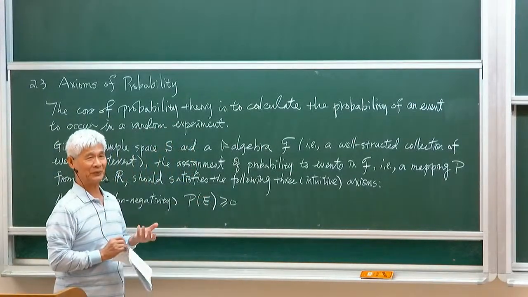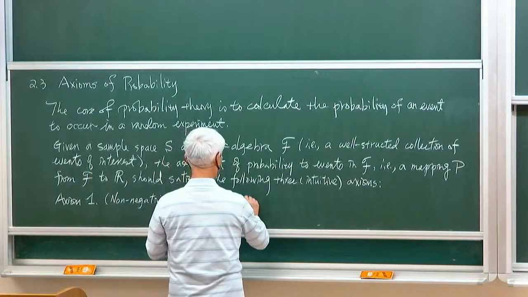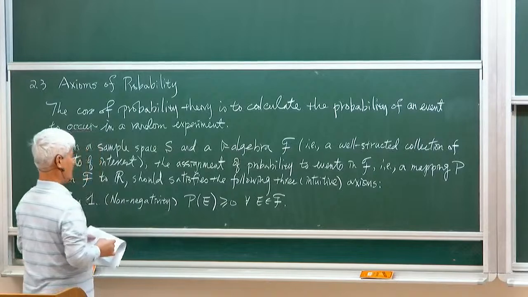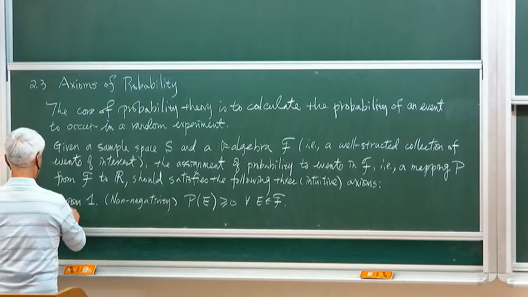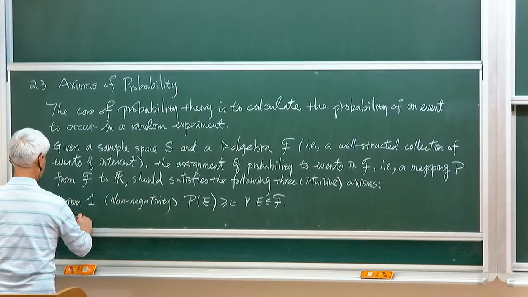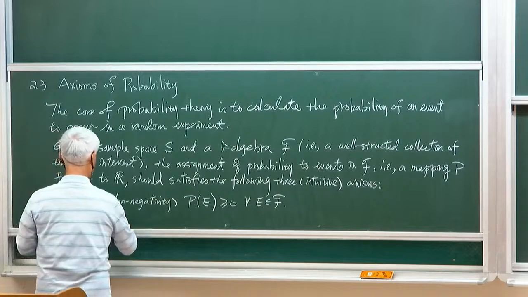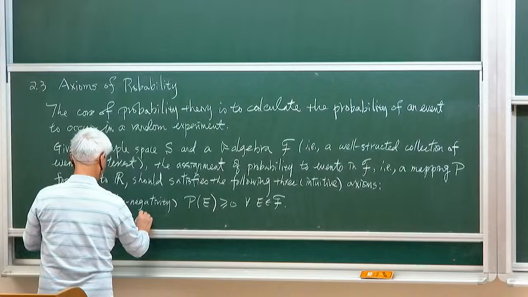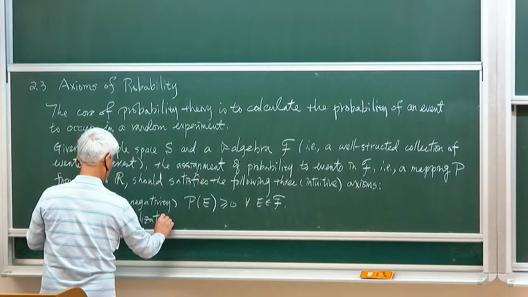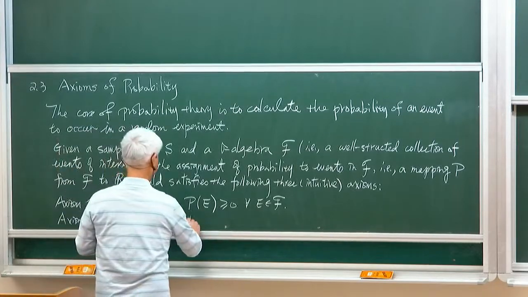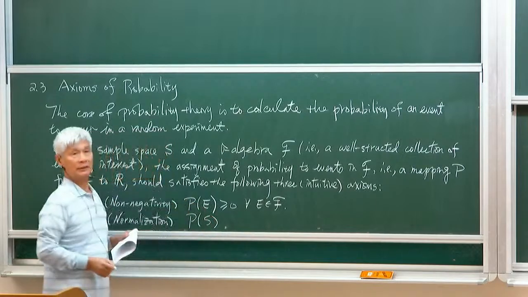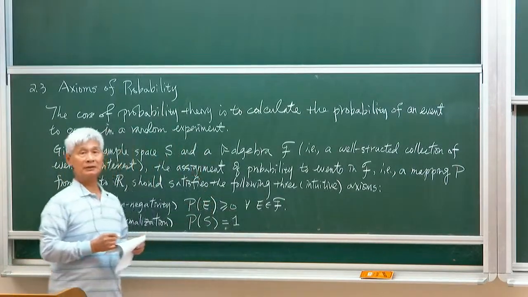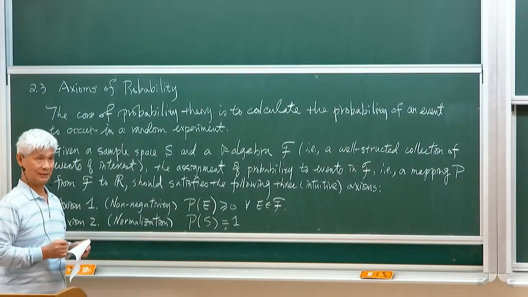So probability is always non-negative for all events in the sigma algebra F. Now the second axiom we call normalization: the probability of the total event is equal to 1, which sometimes we call 100%.